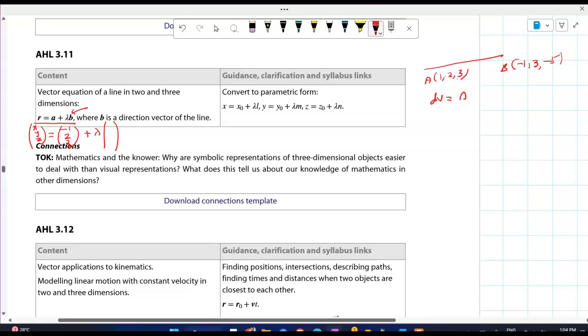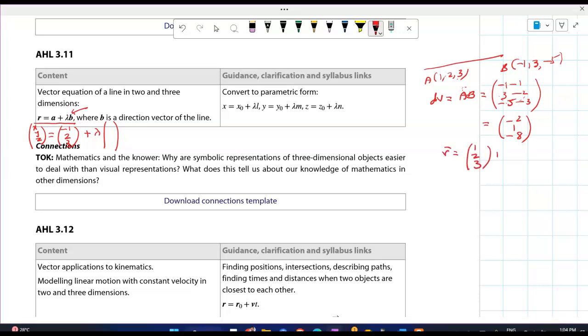So you can find out AB or you can find out BA, it won't matter. If I find out AB, that is B minus A, that's -2, 1, -8. That's your direction vector. So your vector equation of a line will be r is equal to a plus lambda times b.